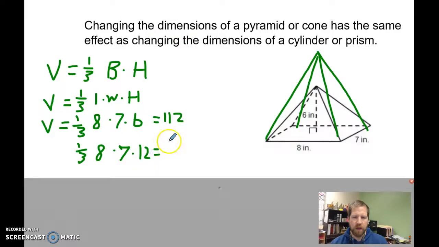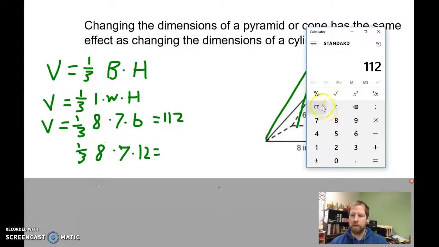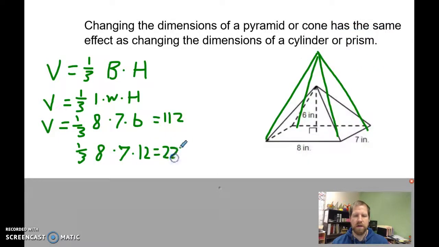It should be twice as much, right? When I multiply that out, 8 times 7 times 12, and then divide that by 3, same thing as multiplying by 1/3, we can see that it is 224, or twice as much.